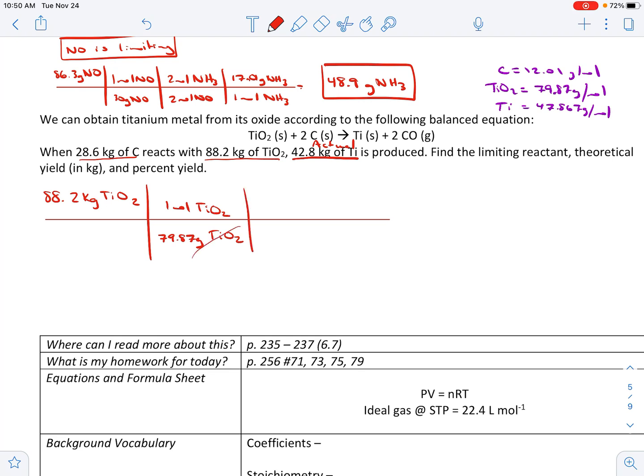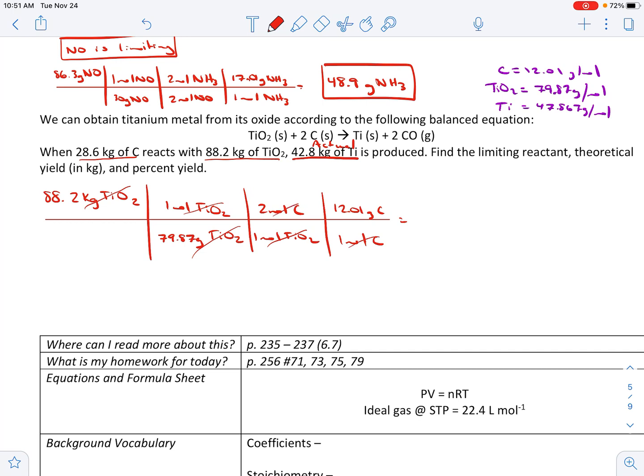And now we're ready for our mole-to-mole ratio. All right, for every mole of TiO2, I have 2 moles of C. Moles of TiO2 cancel. And then we go 1 mole of C has a molar mass of 12.01 grams C. All right.